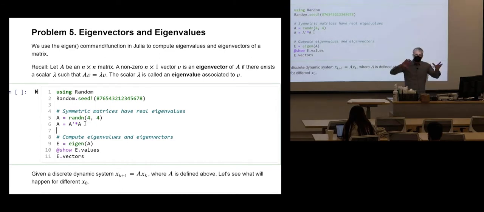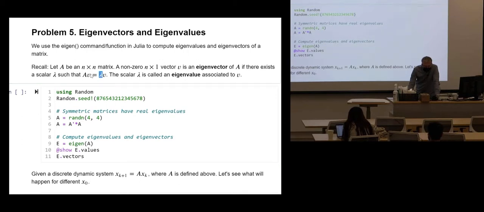So symmetry, this kind of weird property we talked about, matrices that when you transpose them, you get the matrix back, that's reflected kind of bizarrely in this eigenvector property where the eigenvalues are real numbers and the vectors are real vectors. They don't have to be complex vectors and complex values.